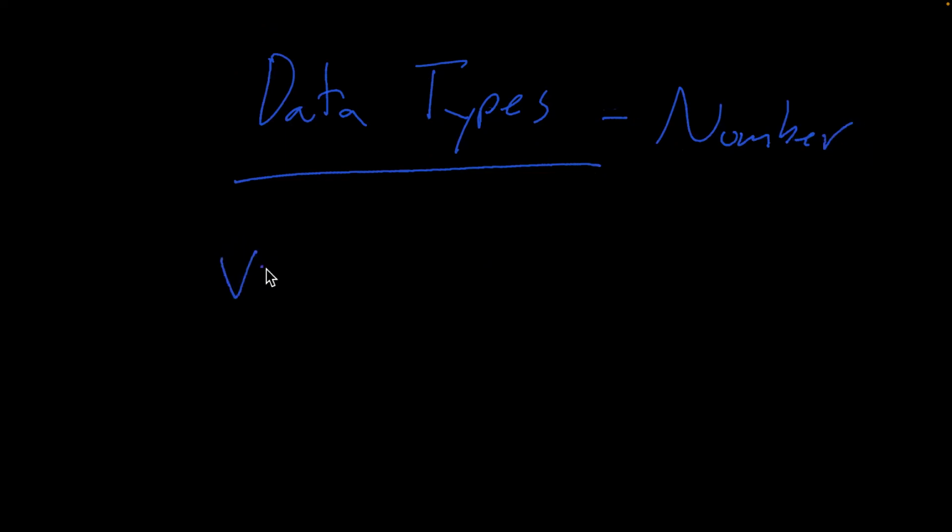We create a variable here, var, we'll name it X, just one simple letter, var X. And then we're going to give it a value. All right. So let's say we want to give it a number value. So the first data type that we're introducing now is a number. And a number is, well, a number is a number. Okay. So var X equals 5. That's a number data type.